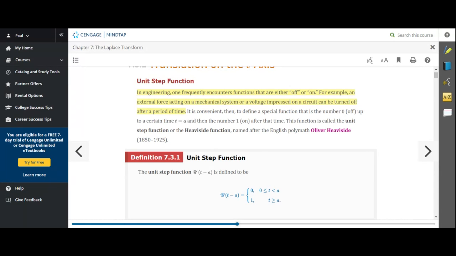It's convenient to define a special function, called the Heaviside function or the unit step function, that can model a function that's off up to a certain time and then on. So when the function's off, the function has value 0, and when the function's turned on, the step function will have a value of 1. Okay, so this is called the Heaviside function or unit step function.